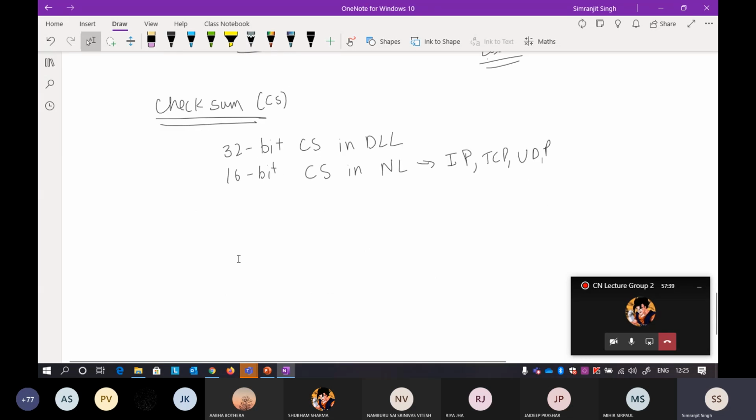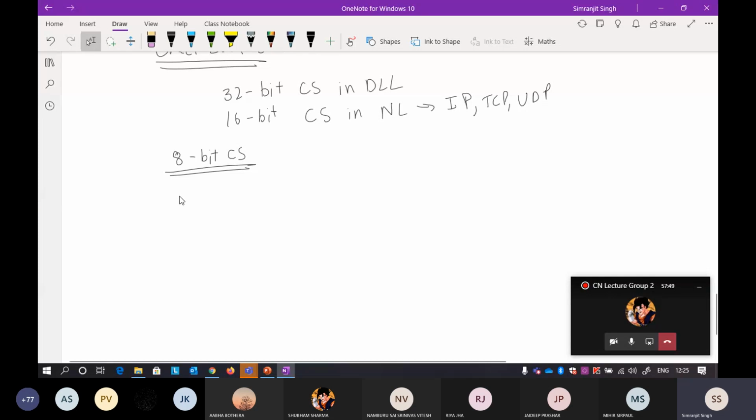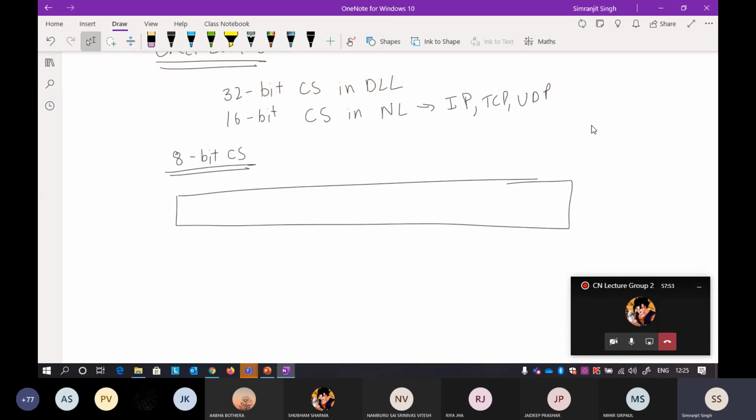Now suppose I am performing an 8-bit checksum. Just for the sake of simplicity, I'm taking an 8-bit checksum. Suppose your data is in this stream, and you divide this data into 8-bit format.